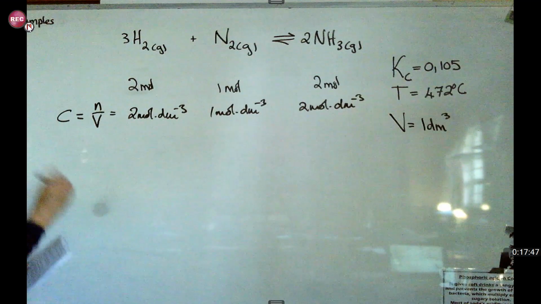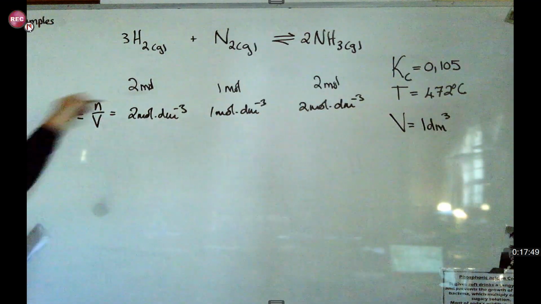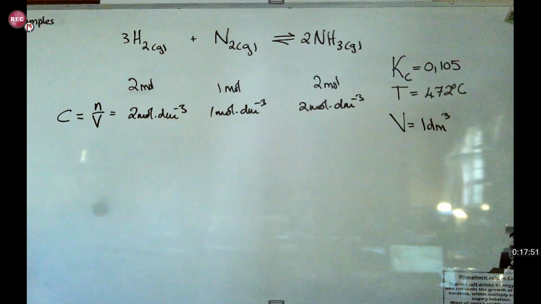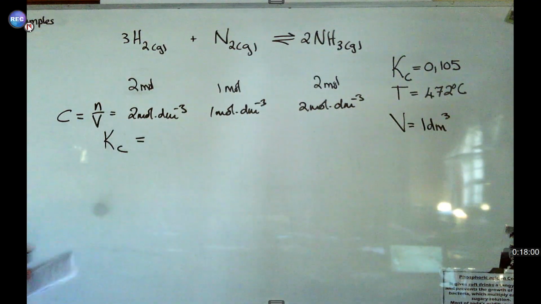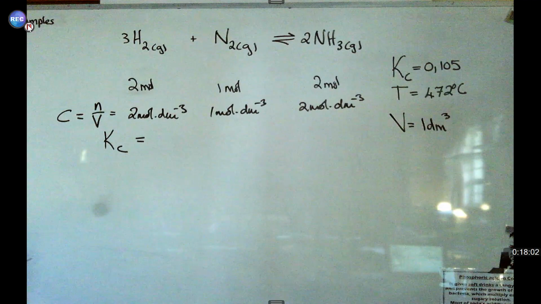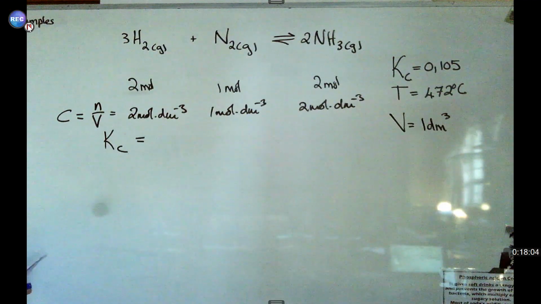These values are given and they ask us to determine whether equilibrium has been reached. So I'm acting as though equilibrium is reached just to see if my Kc will be 0.105.